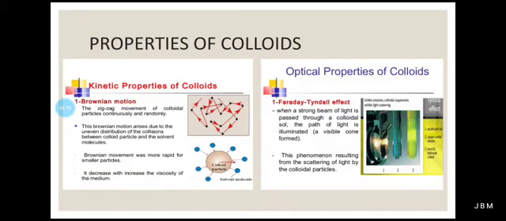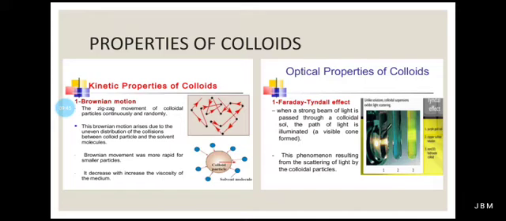Talking about properties of colloids, we can classify the properties of colloids into two groups: kinetic properties and optical properties of colloids. Let me give you a brief understanding about the observed properties of colloids. As we all know, colloid is very much a heterogeneous mixture. So the size of particles of a colloid is too small to be individually seen by naked eyes.